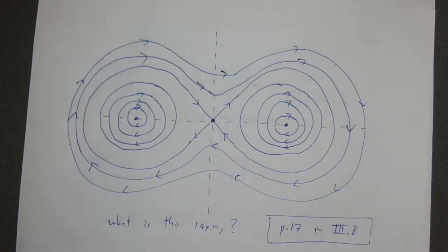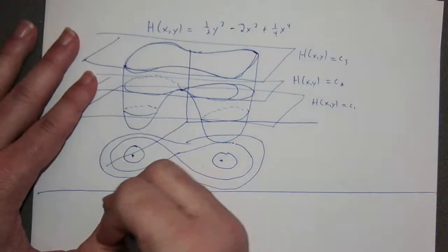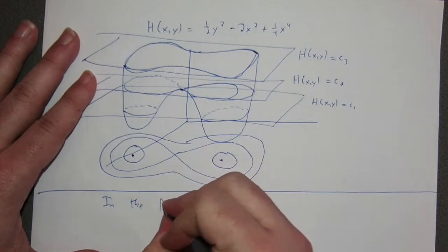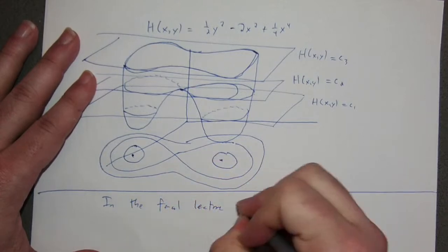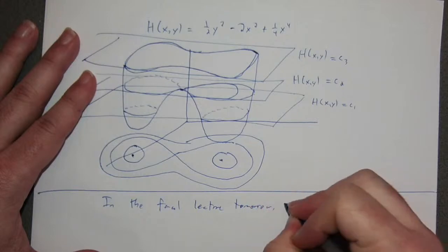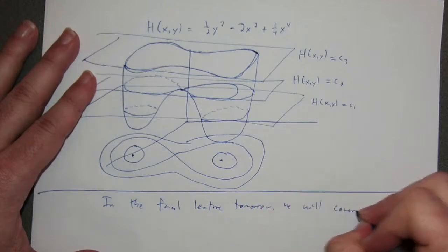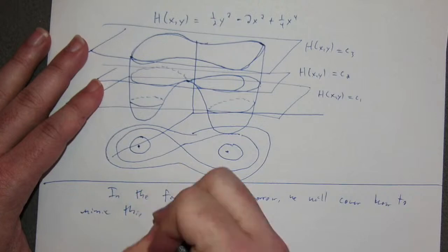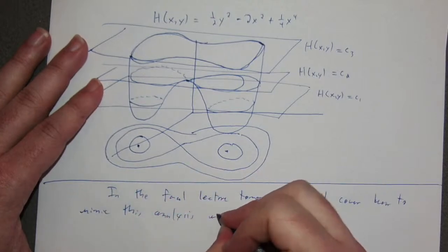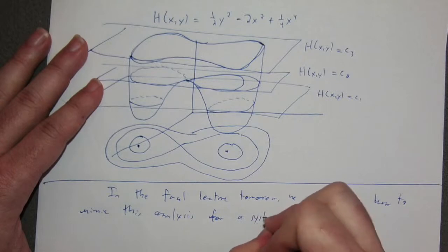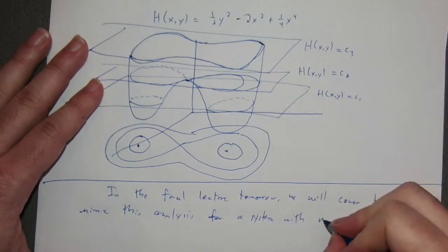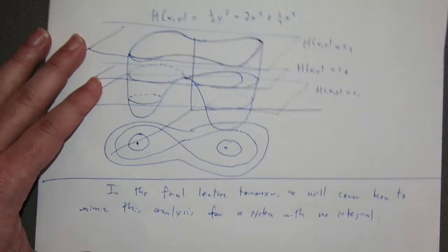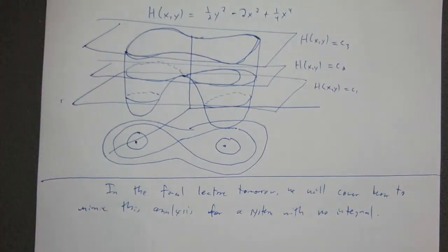We are going to finish this discussion tomorrow by moving to non-integral methods that do not rely on having an integral. So in the final lecture tomorrow, we will cover how to mimic this analysis for a system with no integral, or at least one that I don't know how to find.